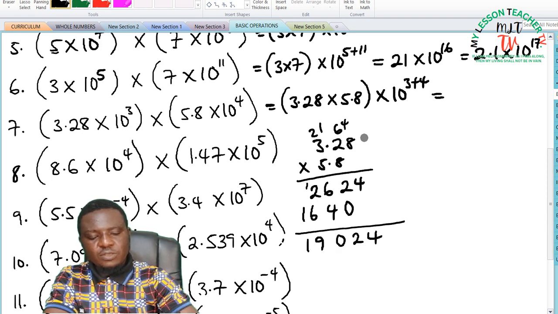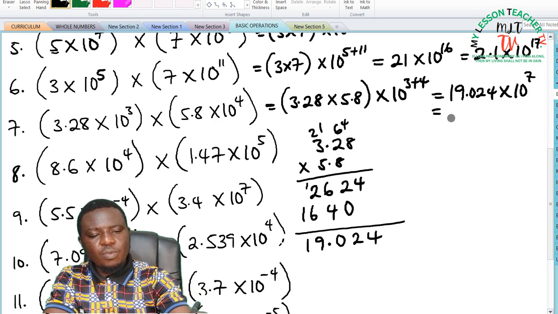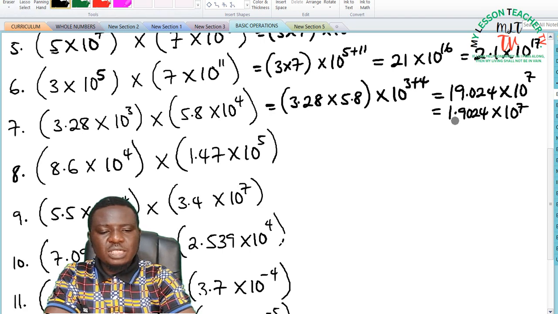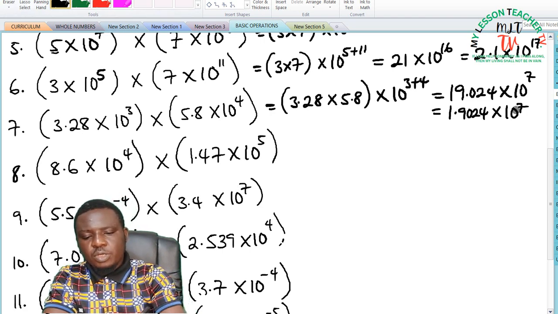And you have 3 places of decimal. So our answer is 19.024 times 10 raised to the power of 7. But just like we did, you have to express it in standard form, which will give us 1.9024 times 10 raised to the power of 8. The question requires us to always leave our answers in standard form.